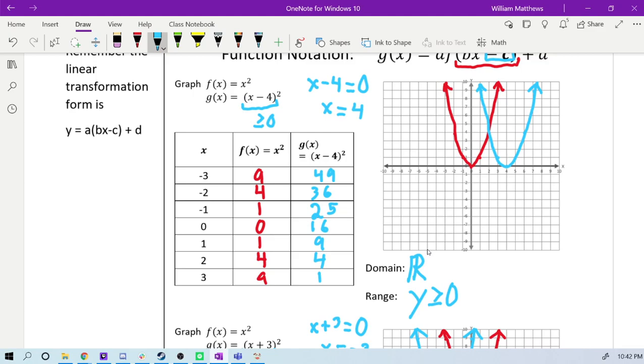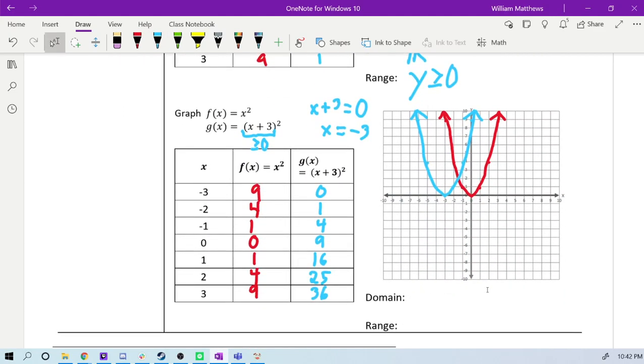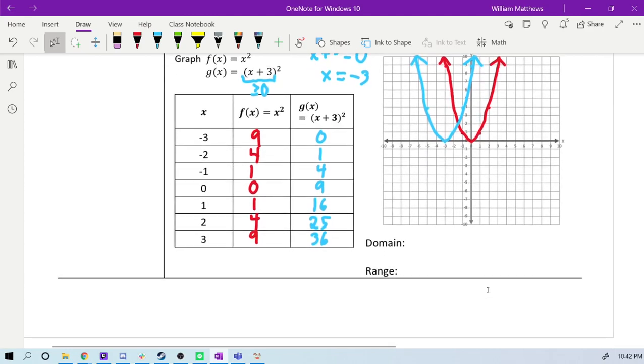Since there's nothing added to it, it doesn't change what it can be greater than. And that's the same for our other example. Domain is still all real numbers, whereas our range is all y values greater than or equal to 0.